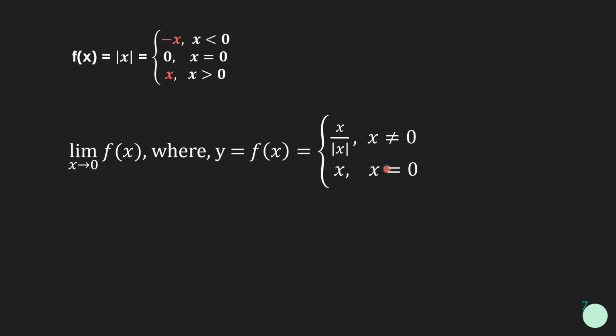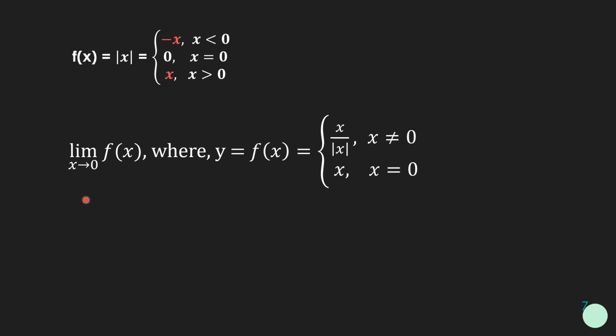Here, when x equals 0, y is also 0, which means the origin (0, 0) lies on the graph of this function. Now, when x not equal to 0, for finding left-hand limit and right-hand limit, we have to select the same function x over mod x.